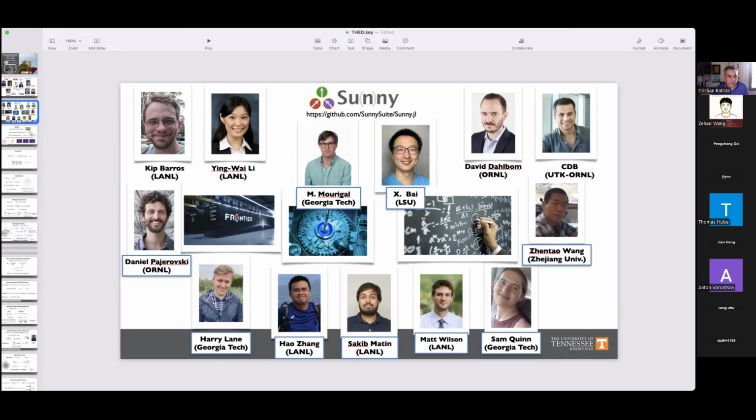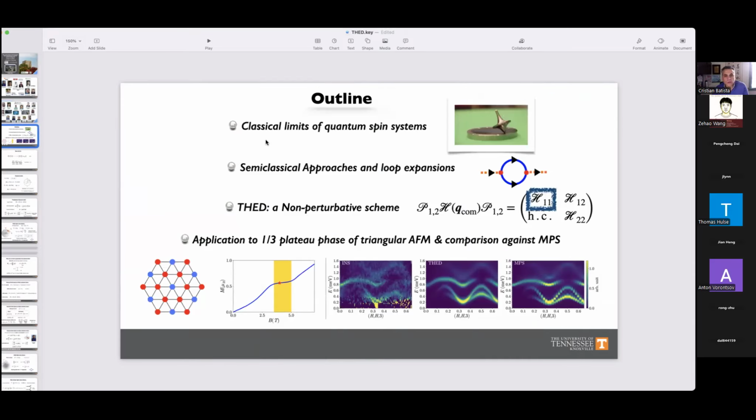So in the first part of the talk, I will introduce these classical or semi-classical approaches. These are different things, classical and semi-classical. And then I will continue mainly with semi-classical approaches, because the main motivation of this talk today is to introduce a non-perturbative semi-classical scheme that can be benchmarked against DMRG or matrix product states, and also against experiment.